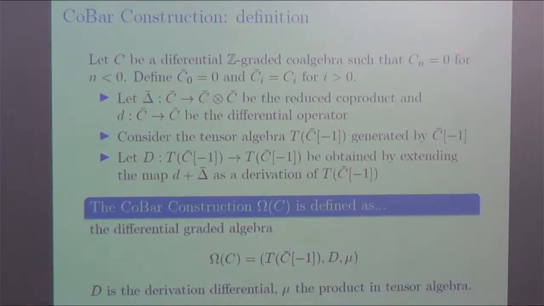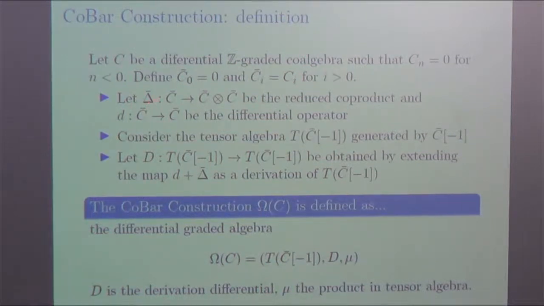And then you request that this is 0 for n smaller than 0, and then you make the reduced, because you are going to desuspend this, so you need to reduce before the suspension. For i bigger than 0, you don't have to reduce, you keep the same element.